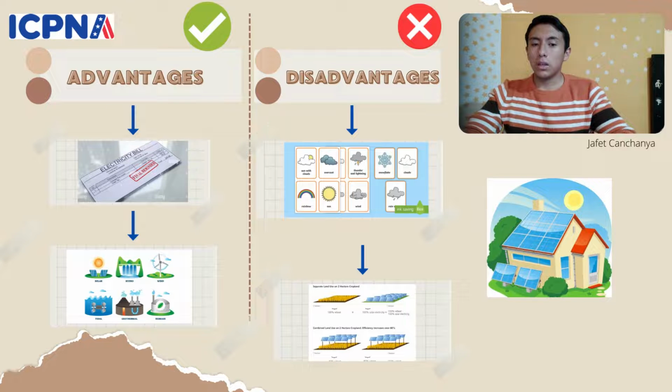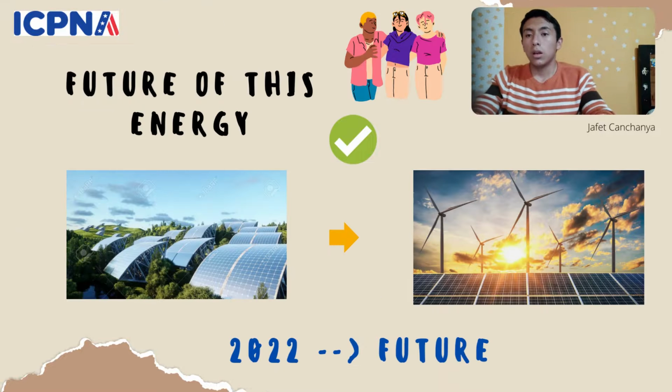Also, let me stress that it is not ideal if you plan to move your house to another place in the city. Well, first we talked about the energy source, we talked about solar energy, we talked about the examples of use, the advantages and disadvantages.